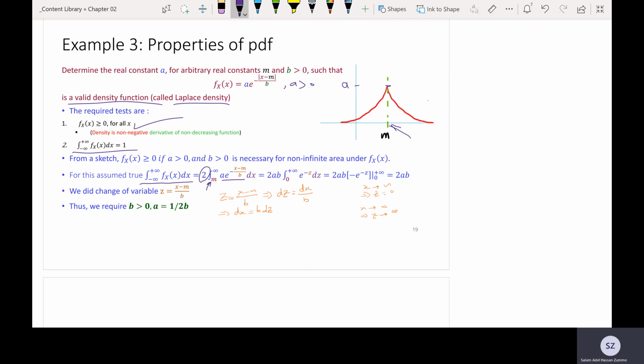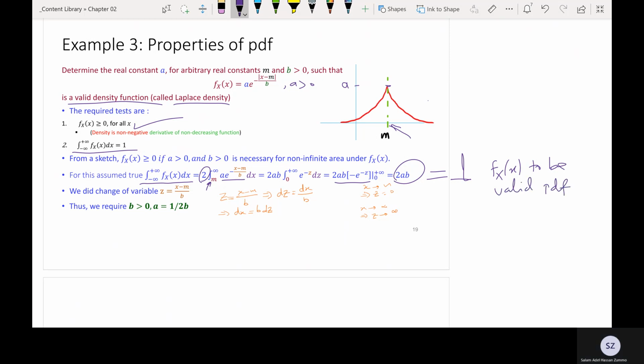Now integrating an exponential gives you an exponential, and it gives you basically a value of 2ab. Now 2ab needs to be equal to 1. So in order for this to be valid, this has to be equal to 1 for fx of x to be valid.